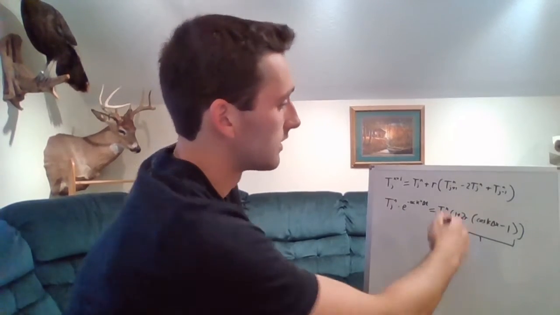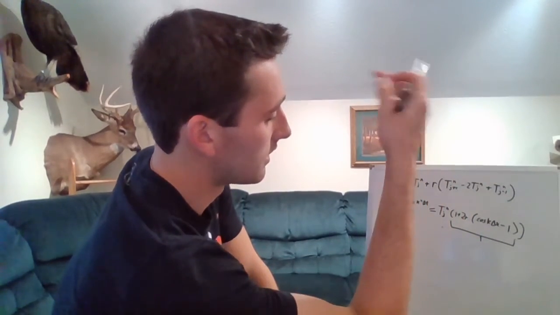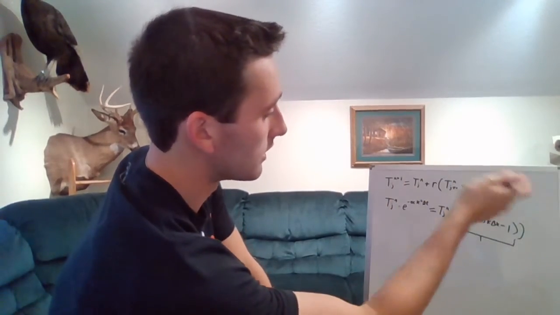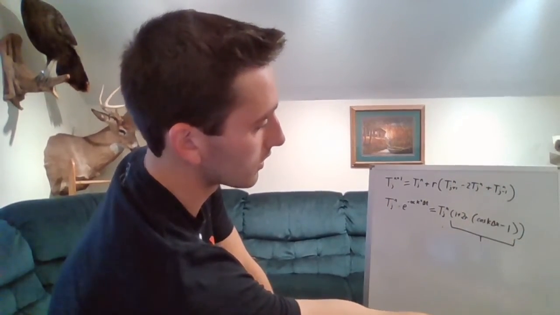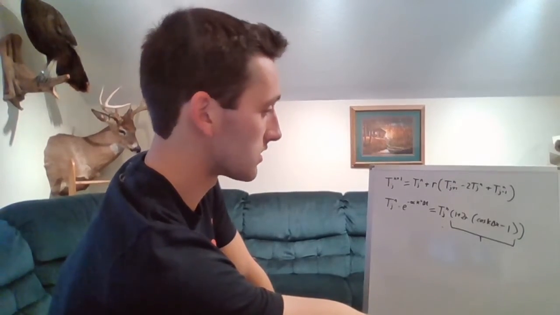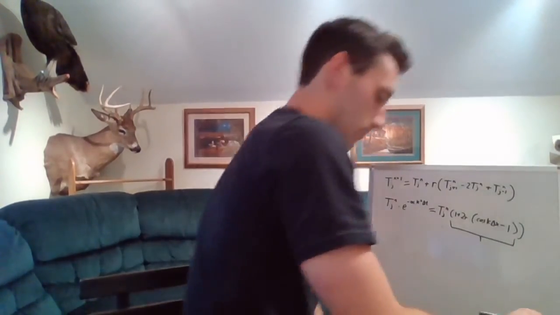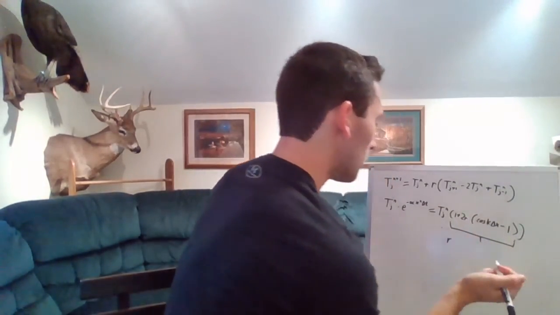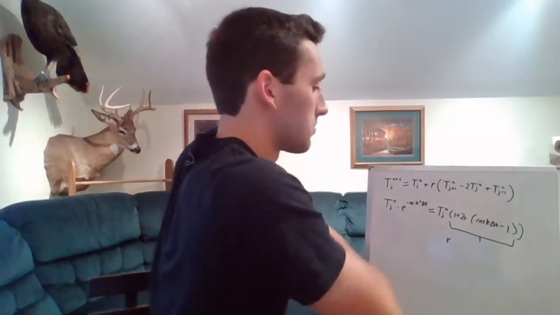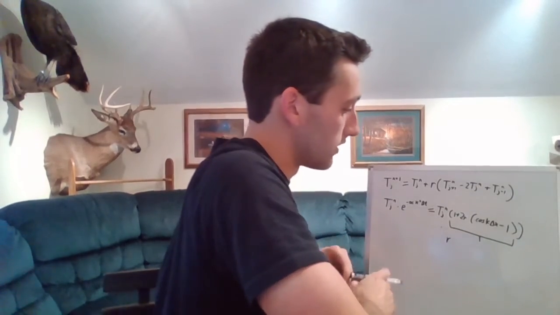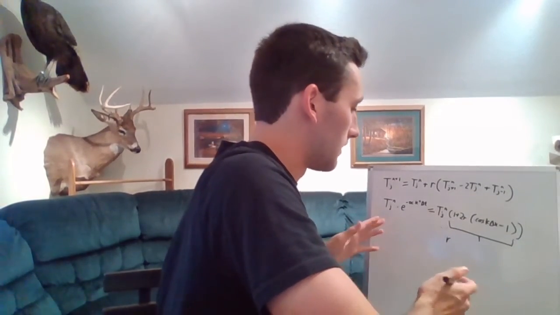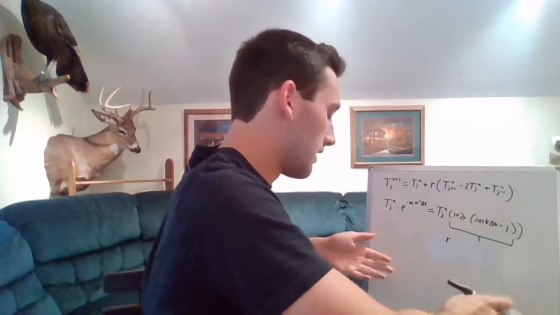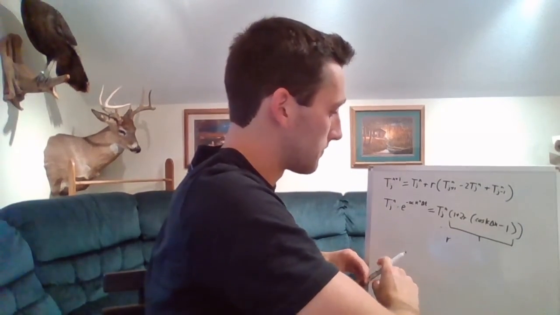Because if we set this less than 1, we would subtract 1 and you would have 2r cosine k delta x less than 0. So therefore, the r value, as explained in one of the previous videos with the graph, must be less than 1/2 in order to be stable.